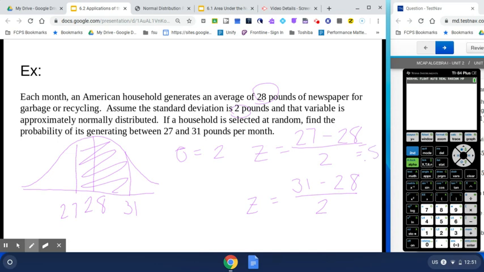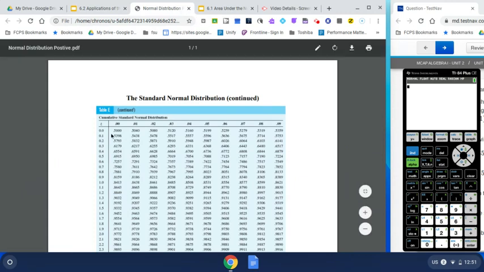And this one we would get a positive 1.5. Okay, so we're looking for the area between a z-value of negative 0.5 and positive 1.5. I'm going to go ahead to the positive distribution first. Looking up, the z-score of 1.50 is 0.9332.